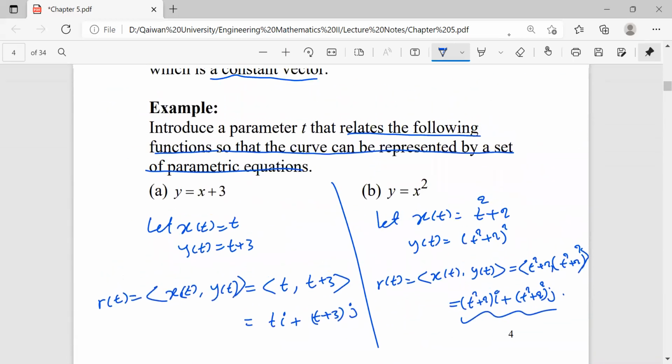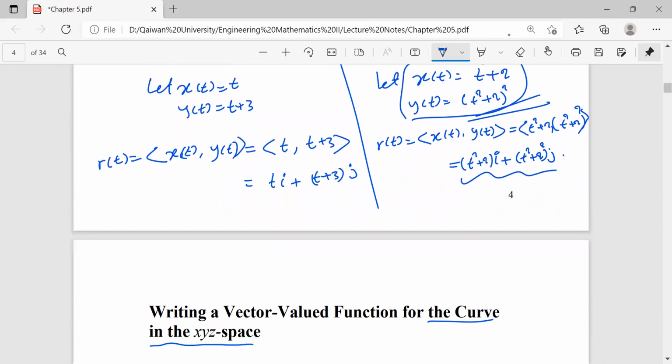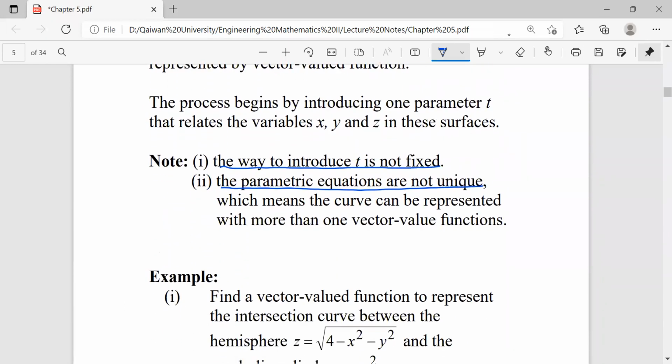As you see here, these are the parametric equations. If someone else chooses x to be t, and y equals t squared, this is different from this one. That means the parametric equations are not unique. It depends on the choice of t, which means the curve can be represented with more than one vector valued function.